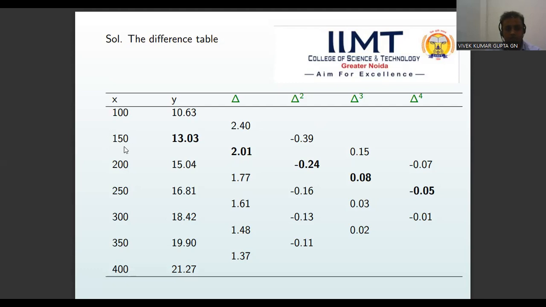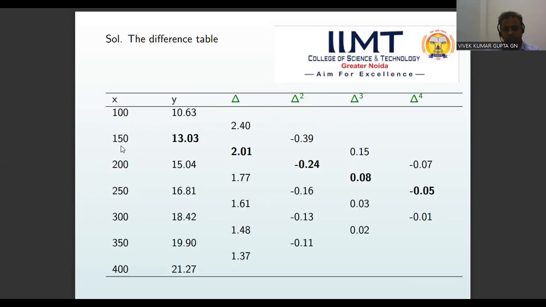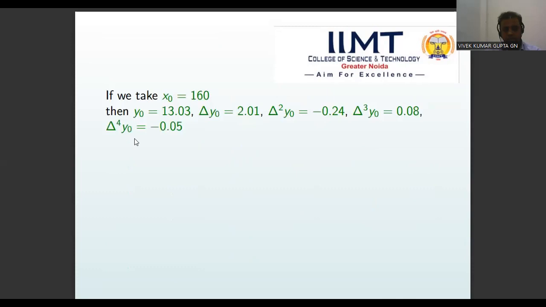So x0 is equal to 150, then x1 is 200, x2 is 250, and so on. The corresponding difference table is formed as we define the names. Here x0 is equal to 150, so y0 is equal to 13.03, and accordingly del y0, del 2 y0, del 3 y0, and del 4 y0.